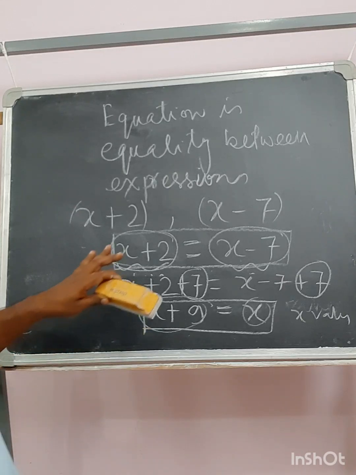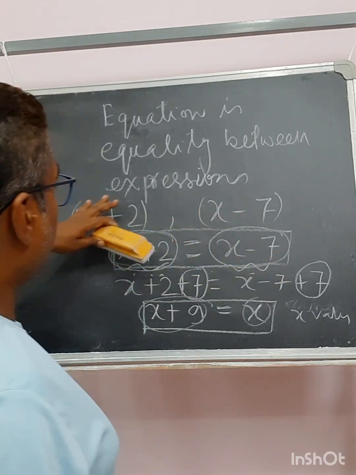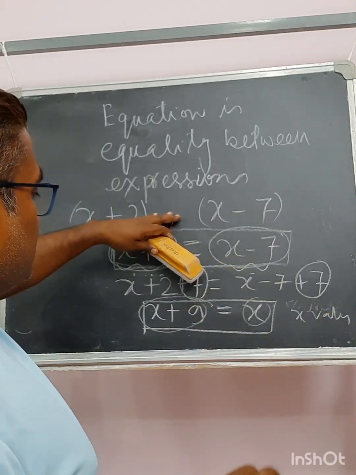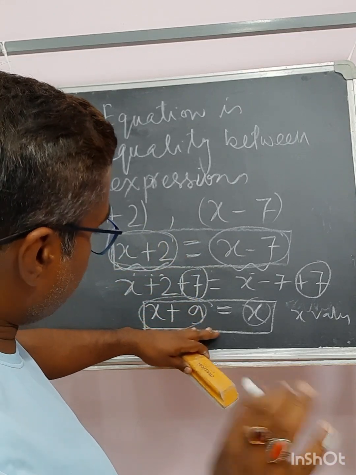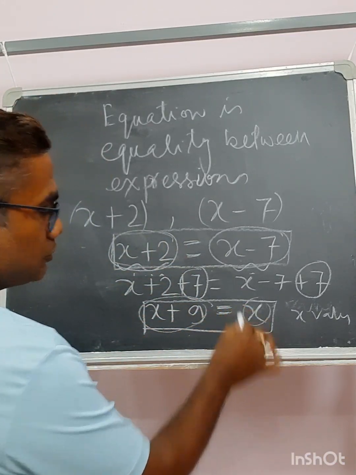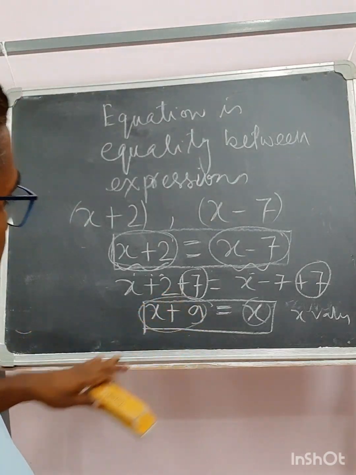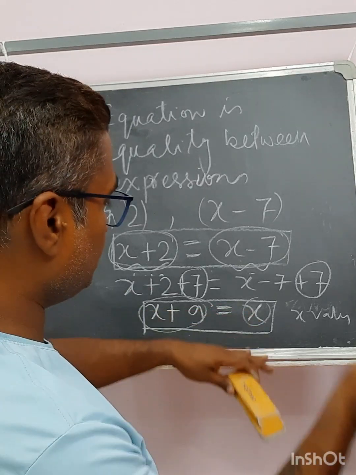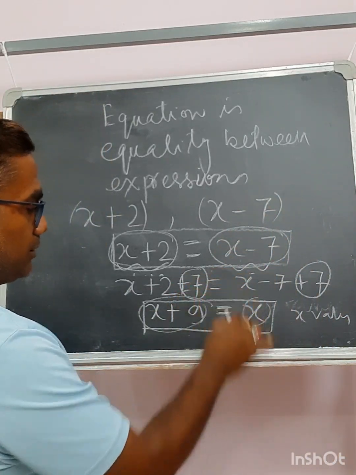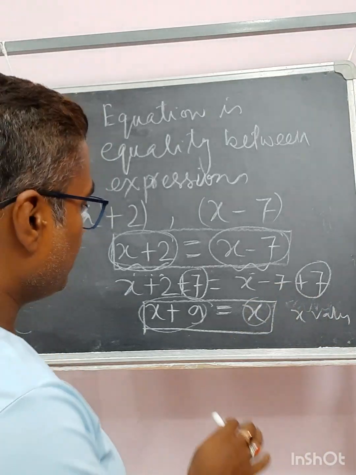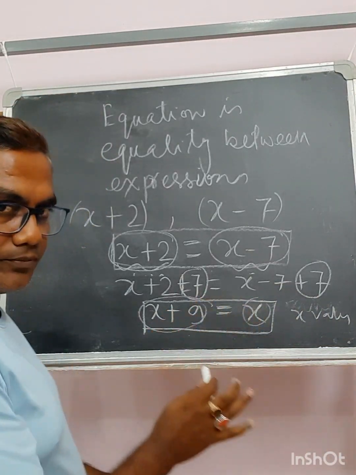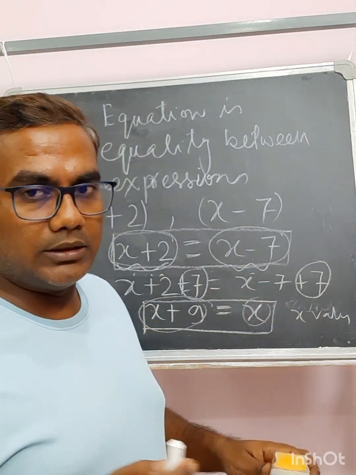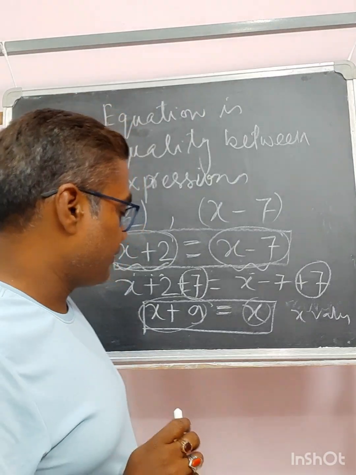So don't think that if two expressions are equalized under some condition and the expression changes, the equilibrium will also change. No, because to change the expression I am adding, or it could be a subtraction, to maintain the same equilibrium, because I am treating both the left hand side and right hand side equally, just like the balance.